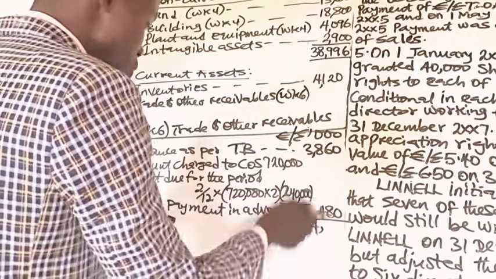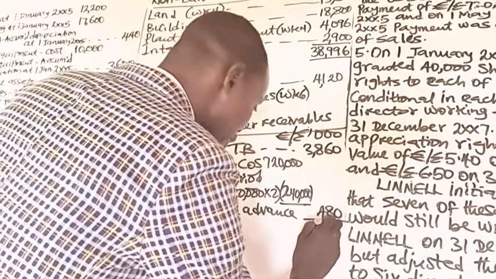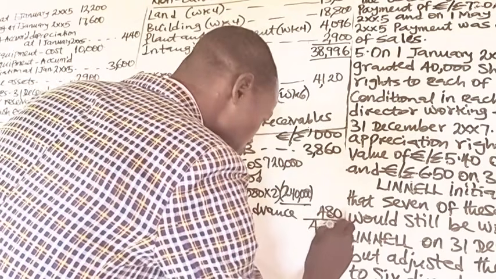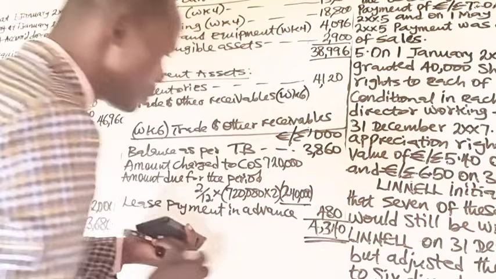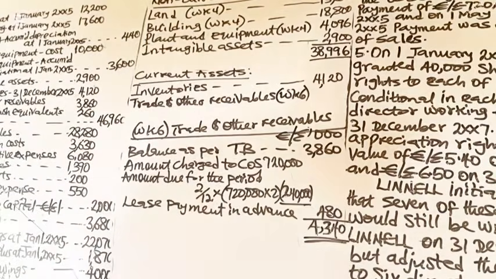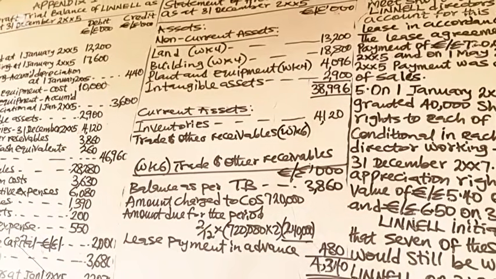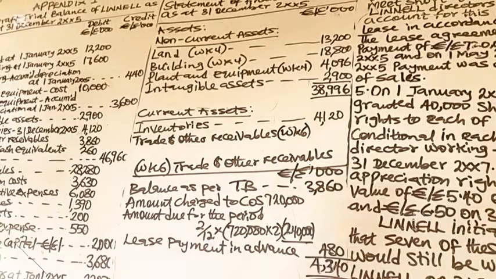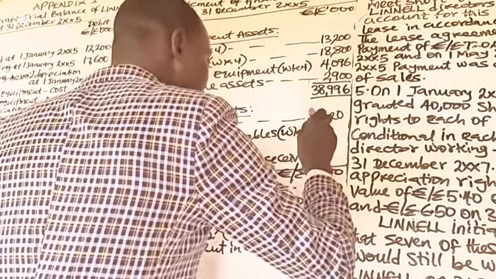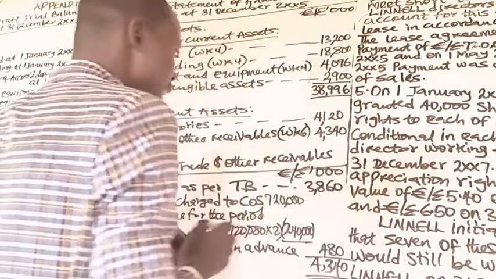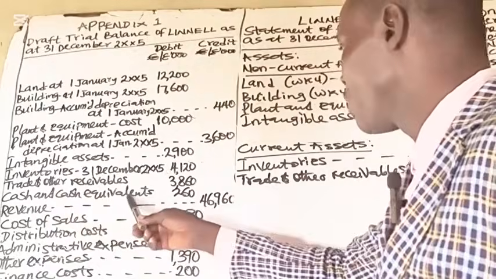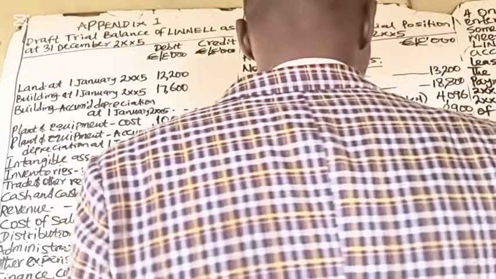So that is why we are adding it here. 4340. So trade and other receivables that is supposed to appear in the statement of financial position will be 4340. We also have cash and cash equivalents, 260.